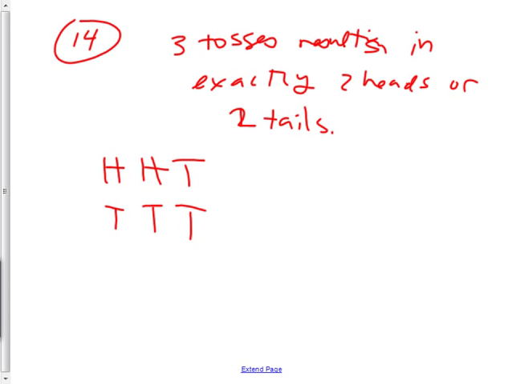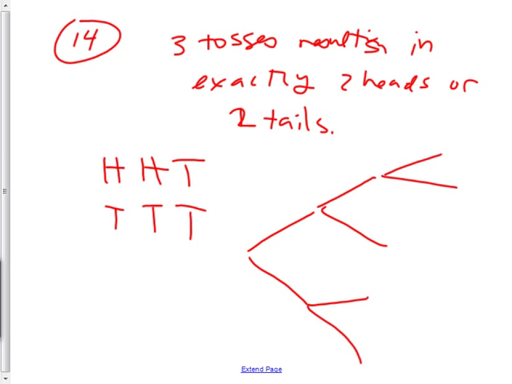A bracket, like a parentheses, like this kind of thing? Oh, a tree diagram. Okay. That would work too. So with a tree diagram, we'd go, okay, is it heads or tails for the first flip, and then the second flip, heads or tails, heads or tails. Third flip, heads or tails, heads or tails, heads or tails, heads or tails.